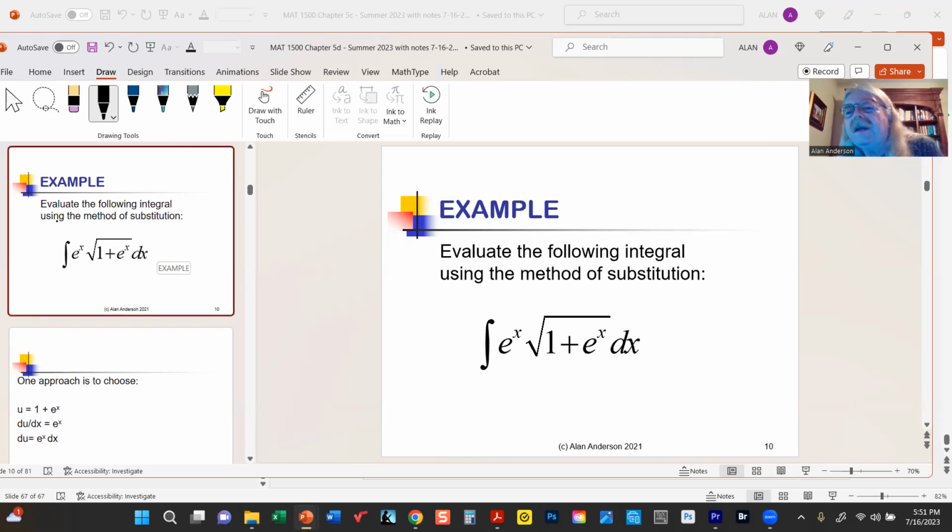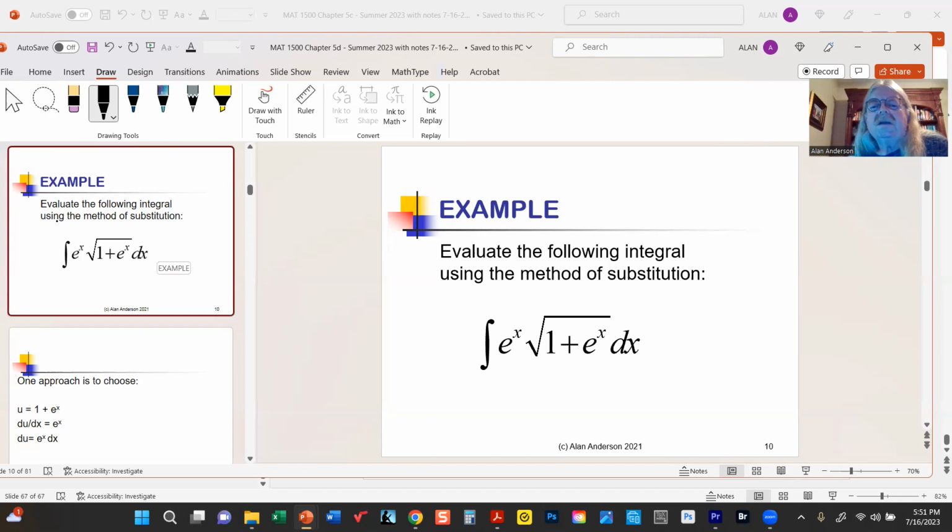And if you do pick the wrong one, either you won't have the du and you can't provide it. In other words, if you're missing an x or something like that, you can't just put it in there. The only thing you can provide yourself is a constant. If you're missing the du, that means something's wrong. Or if you're just making a bigger mess, then something's wrong.